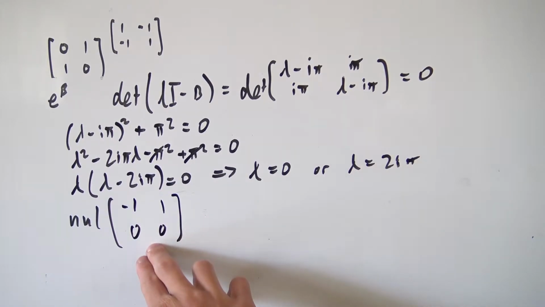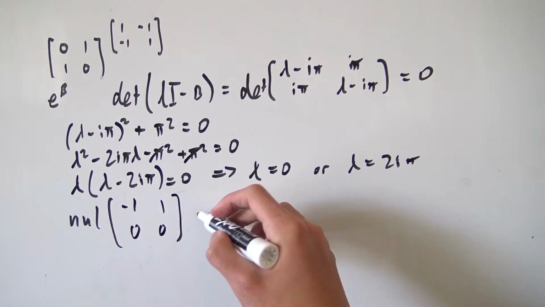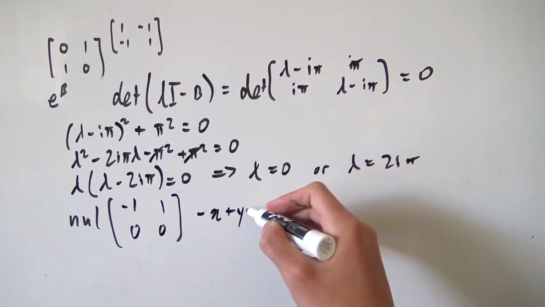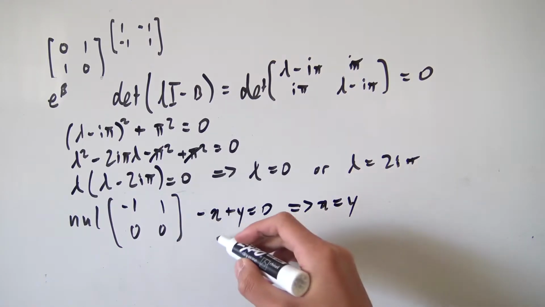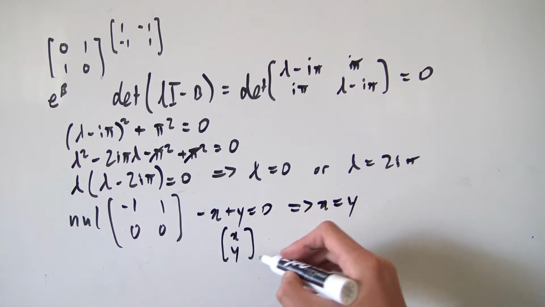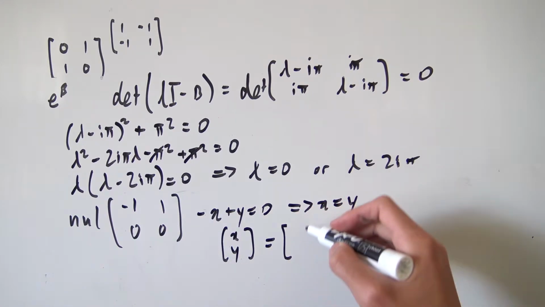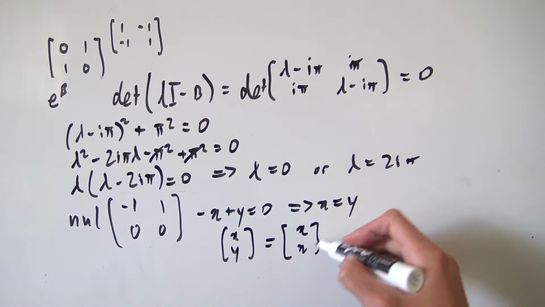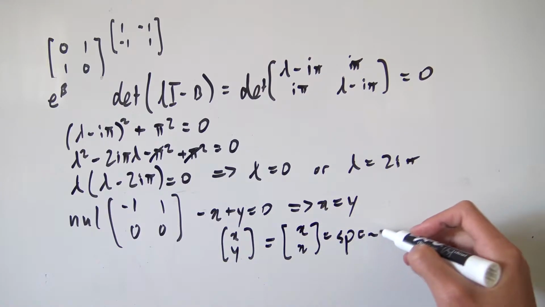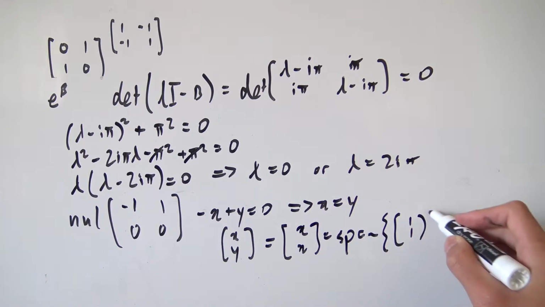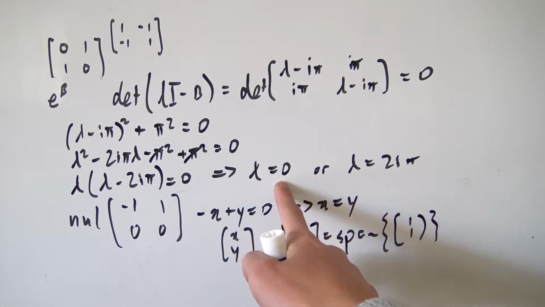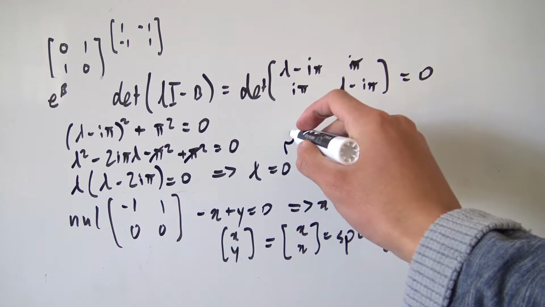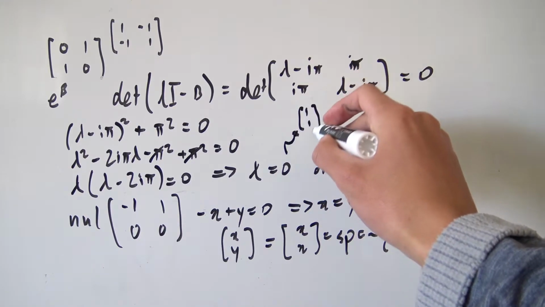And if you think about this in terms of systems of equations, you're going to get -x plus y being equal to 0. That implies that x is equal to y, so the vector xy we're looking for, that's our eigenvector, is the exact same thing as xx, which is the span of the vector 1, 1. So for our eigenvalue of 0, we have a corresponding vector, which is the vector 1, 1.